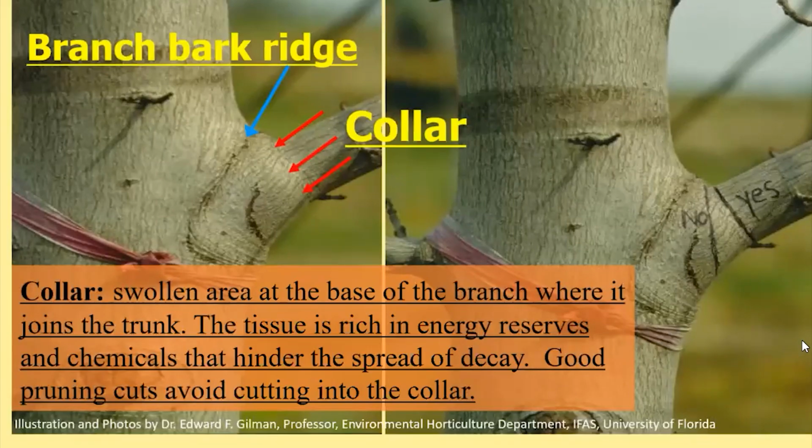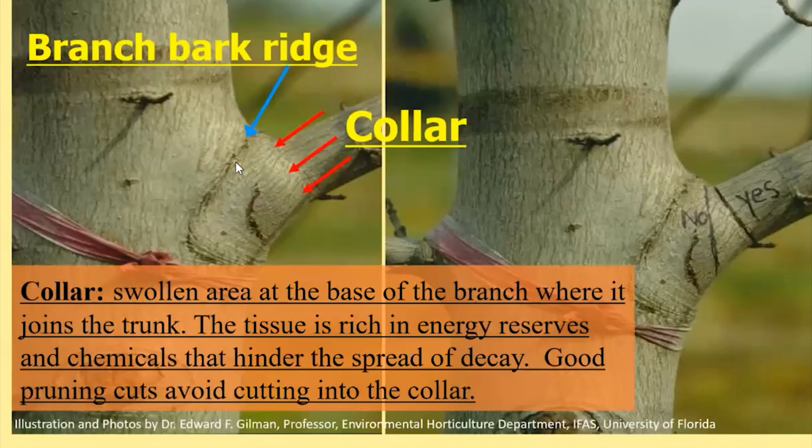It's helpful to know where the branch collar is. And unfortunately, the collar appears different on different trees, and on some trees it's really difficult to find. If you look at the photo on the left, the branch bark ridge is very easy to locate, and it is the result of the trunk wood pushing against the stem wood.